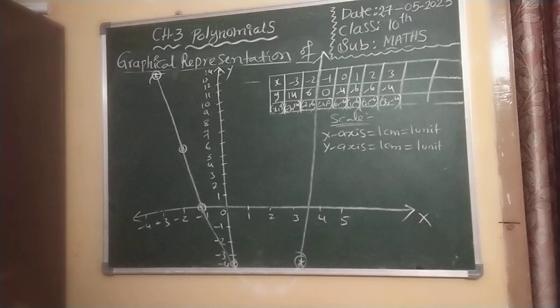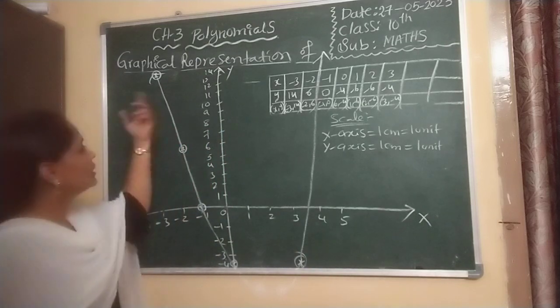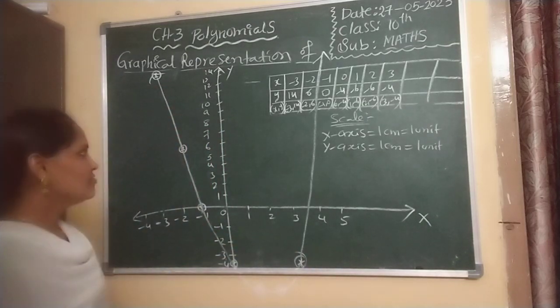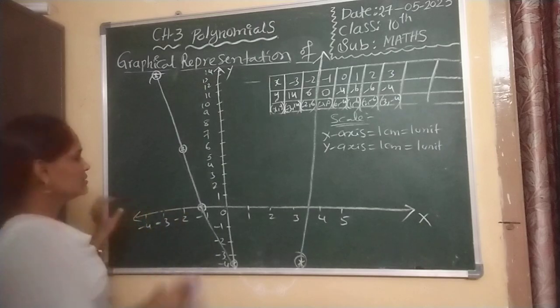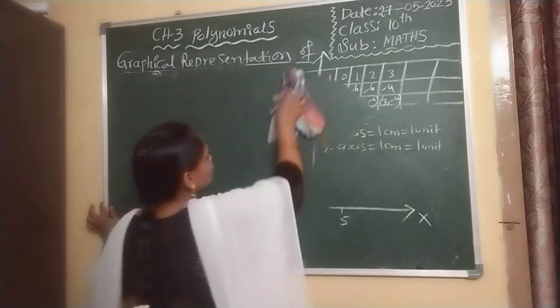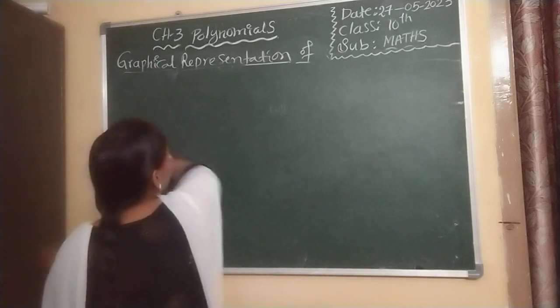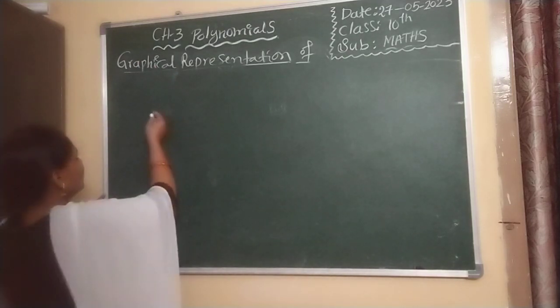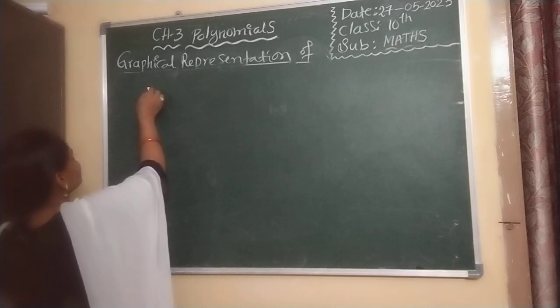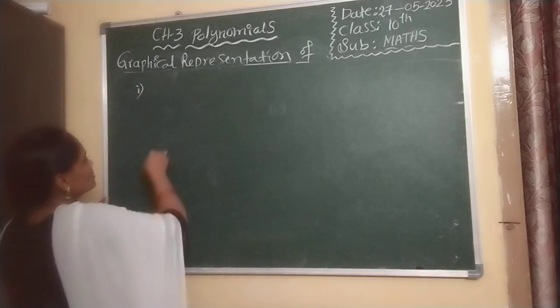Now, based on the conditions, for quadratic polynomials we say at most 2 zeros, yes or no? It depends on the degree. I hope you understand this. Now, based on the conditions, I will tell you. This is case 1.